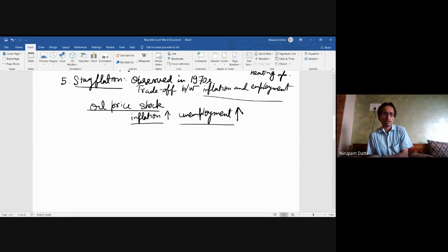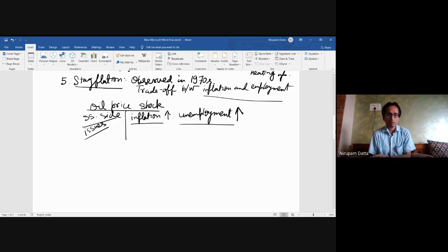Now there are theoretical explanations for why such a phenomenon happens, but nonetheless it's a very unusual phenomenon. So stagflation is basically interested in the study of those situations whereby we see these two things happening at the same point of time: increase in inflation and increase in unemployment. So basically it happens because of supply side issues.